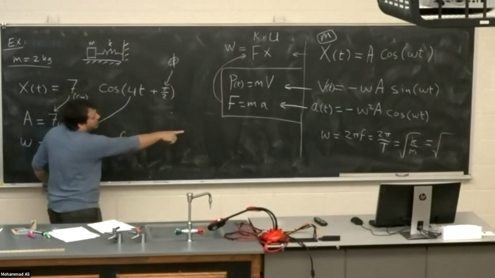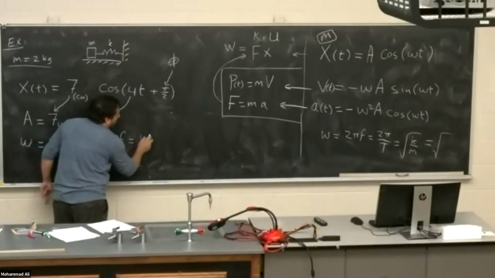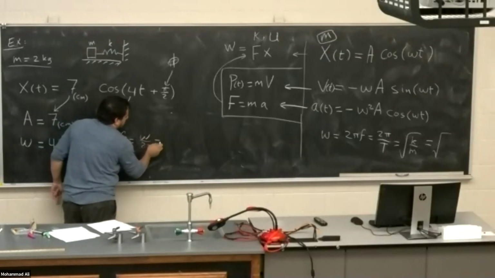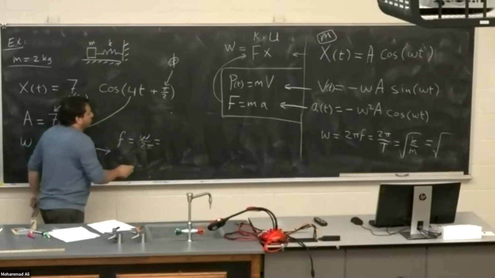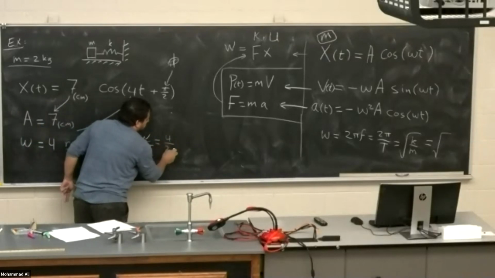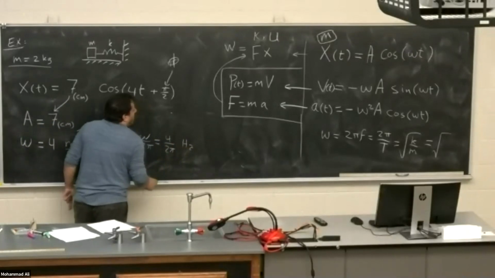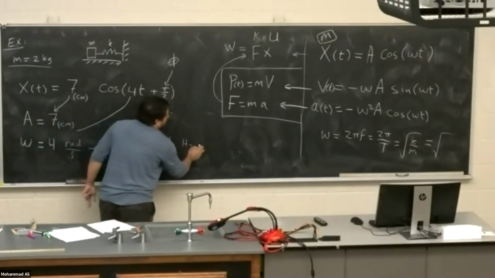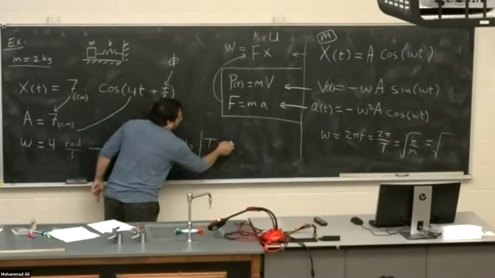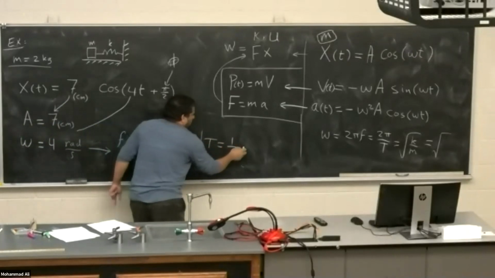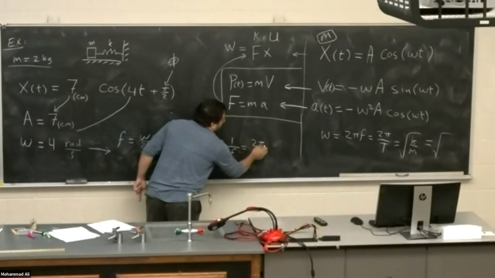It is equal to omega over 2 pi. Omega is 4, so 4 over 2 pi Hertz. What if I ask you about the time period? It is 1 over f, which is 2 pi over 4 seconds.